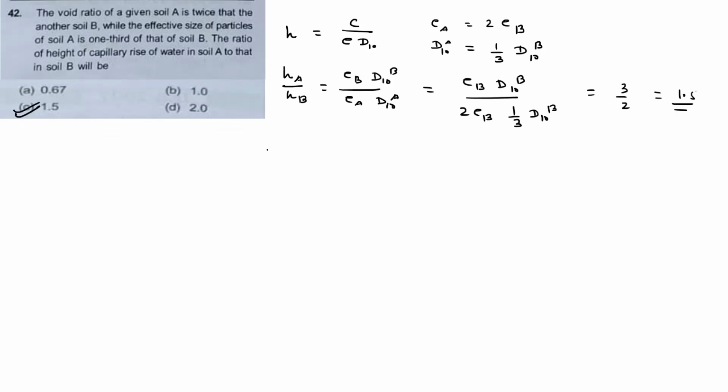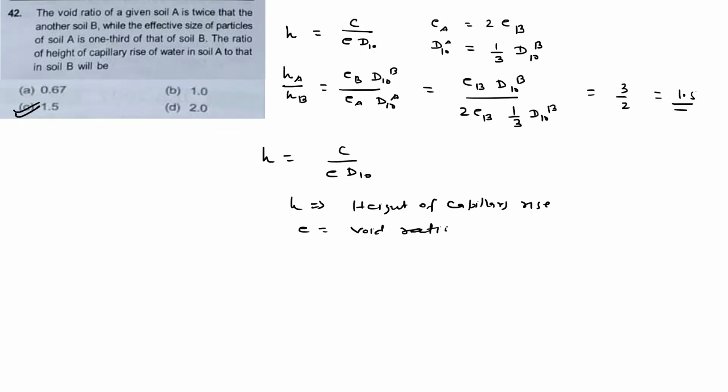In this formula, hc is equal to C divided by e D10. h is what? h is height of capillary rise. e is what? e is void ratio.